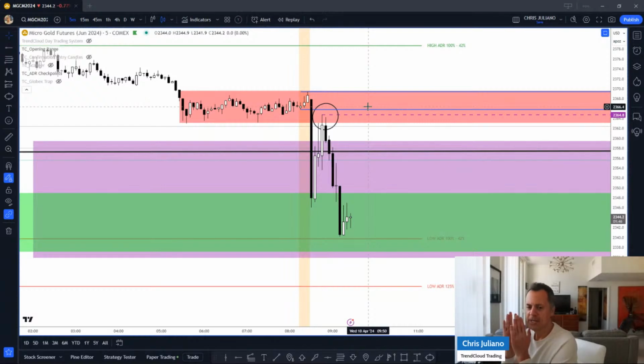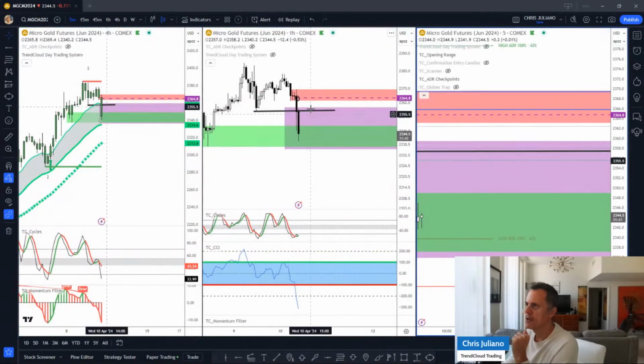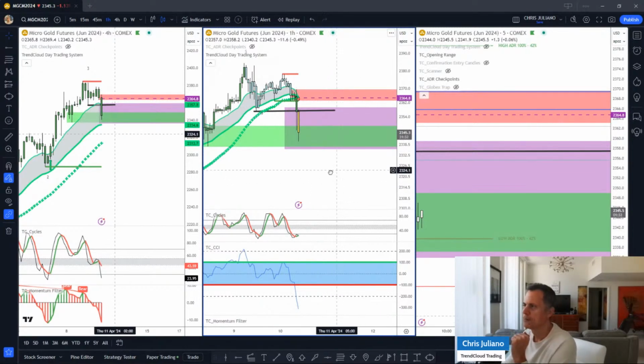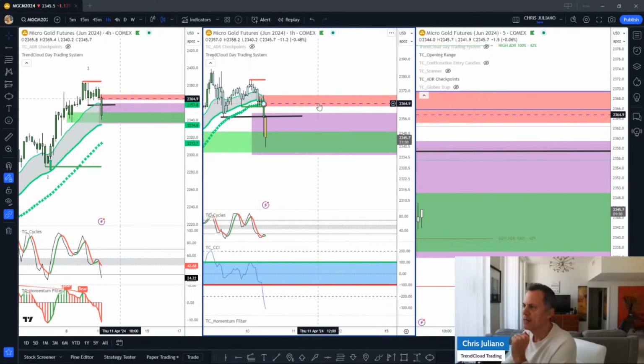We've got the middle time frame breaking to the downside here. You can see it on TrendCloud, right? We're breaking below the 50 simple to the downside. We've got a supply zone right above it with a ton of downward momentum.